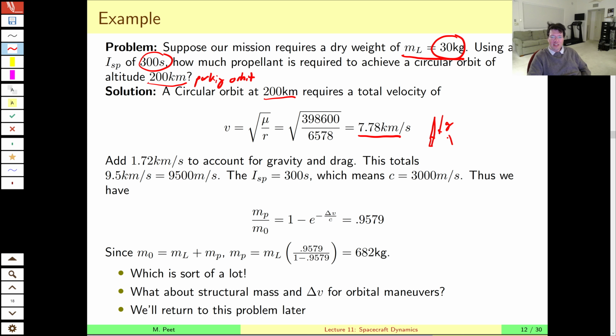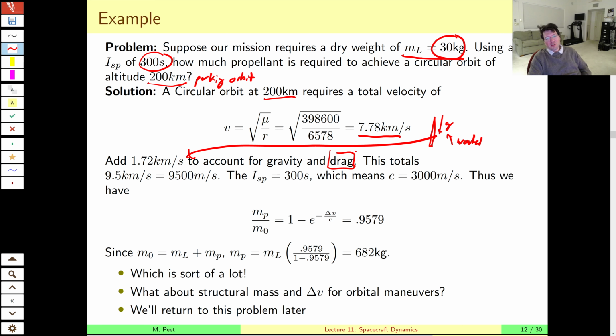That's wasted. So we need to add basically 1.72 kilometers per second of delta V, which is wasted fighting gravity, and then there's also some delta V, which is wasted fighting drag.